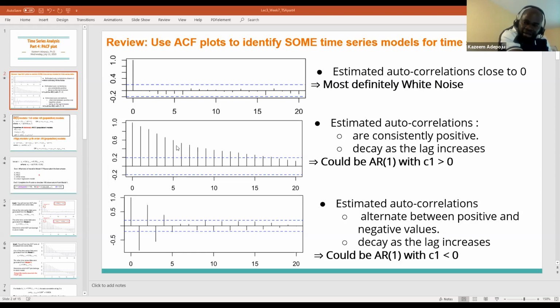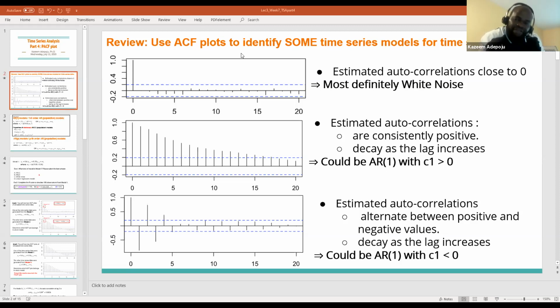So if you take a look at the three ACF plots we're talking about right here, these are the ACF plots of some time series data. I'm not talking about the ACF plot of residuals. There's a difference between the ACF plot of time series data and the ACF plot of residuals.